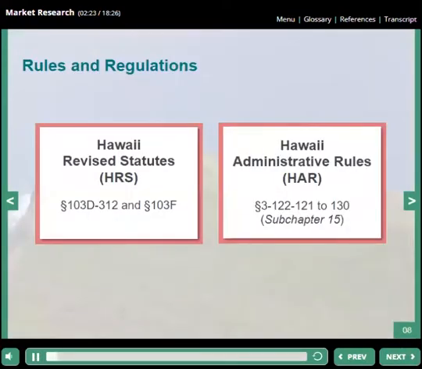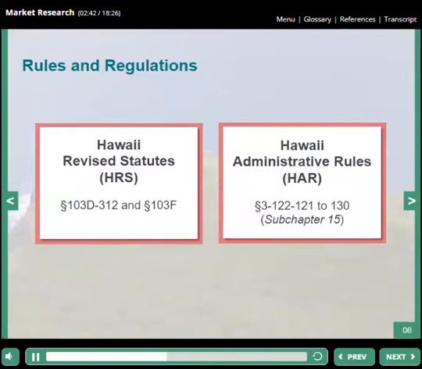Before we get into more detail about the market research process, let's take a minute to identify the rules and regulations related to market research. As you probably already know, public procurements are governed by the statutes and its administrative rules. Any market research that you conduct for procurements shall be in accordance with the statutes and rules.